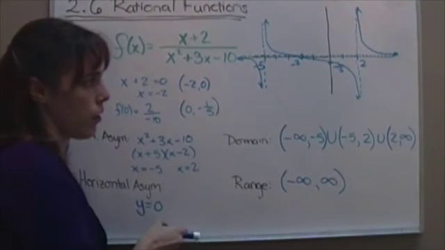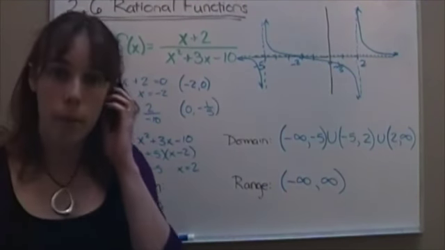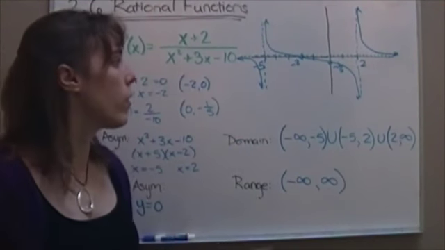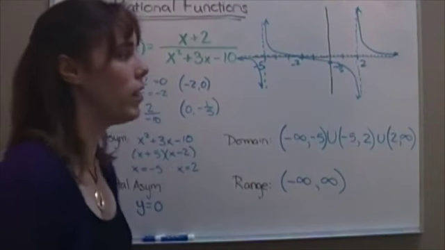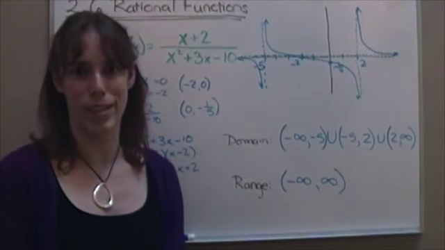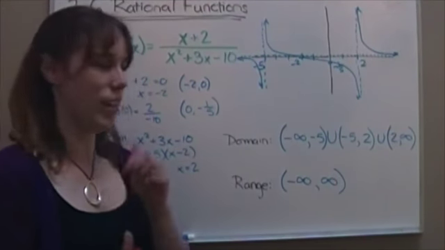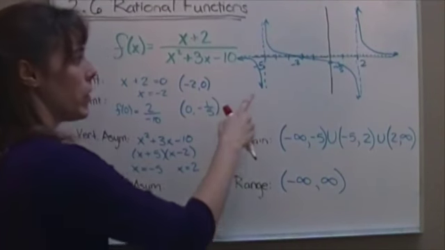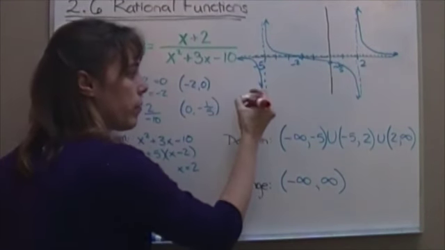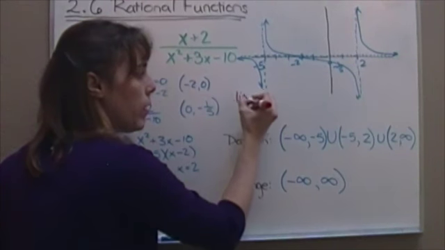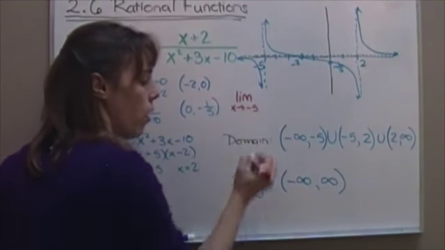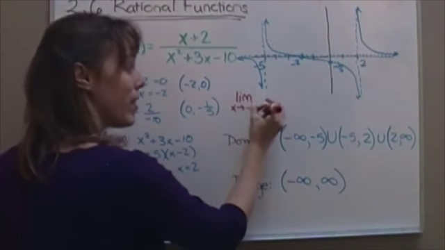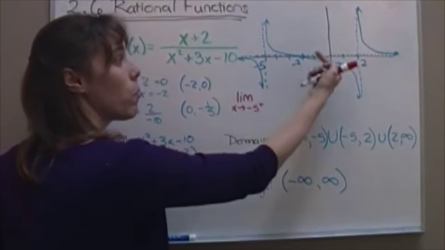Some problems ask you to talk about the behavior of the graph at the asymptotes using limit notation. We did this early on and I confused everybody. We're going to try it one more time and see if you understand. So at negative 5, the limit as x approaches negative 5 from the positive side, that would be from over here.